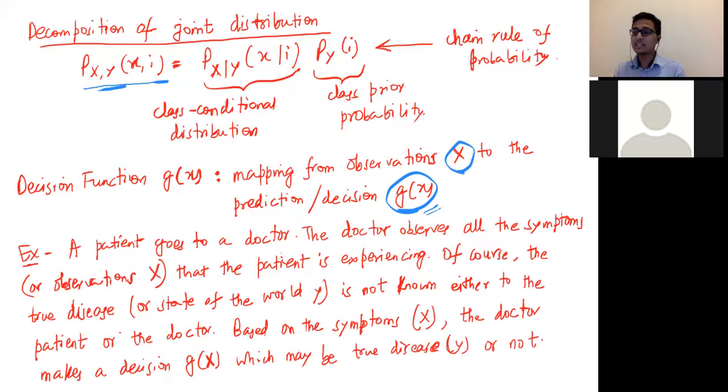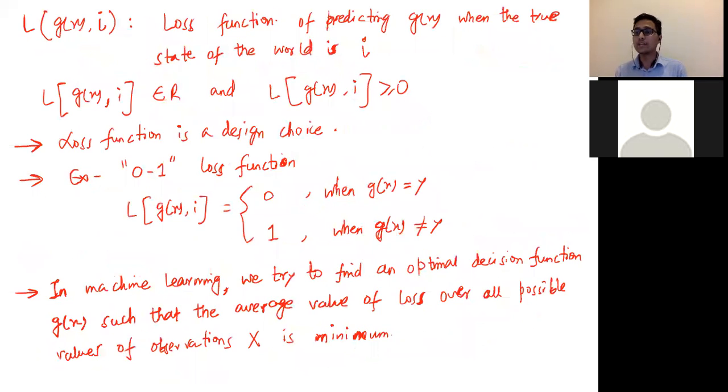And this prediction is basically your decision function g of x. This decision may be the true disease which the patient actually has, and it might not be. The correctness of the decision depends on a lot of factors, such as the experience of the doctor, how good the doctor is, and how easily perceivable the symptoms are. Now that the decision function is clear, we can move on to the next slide.